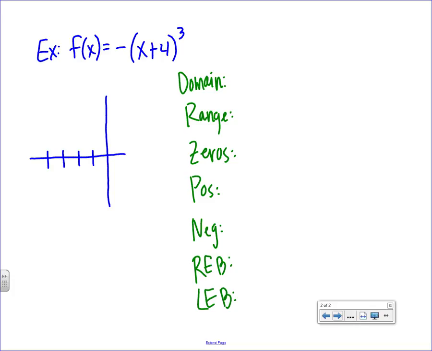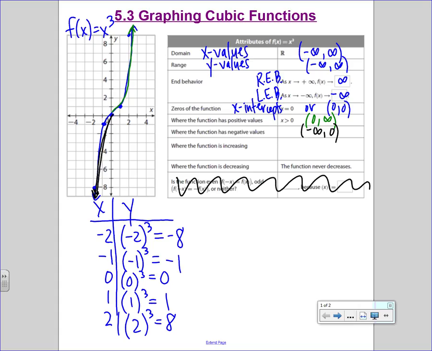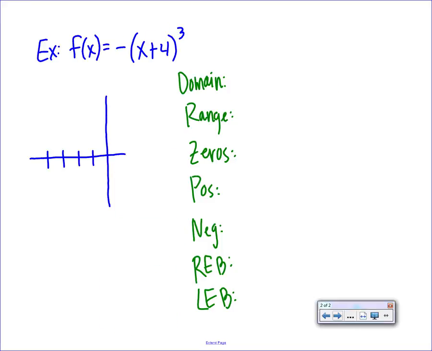Because x cubed always goes through the point 0, 0, if we go left 4, it's going to go through what point? Negative 4, 0. So we're going to have that point right there. And instead of going down and up, we reflected it, so it's going to be like this. Yep. So sketch that next to this stuff somewhere.